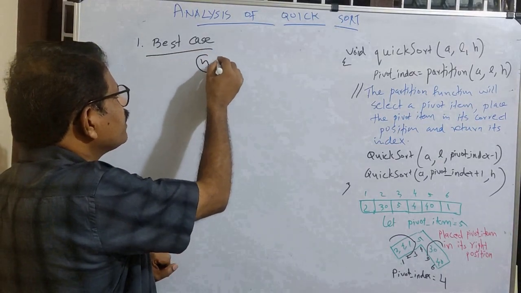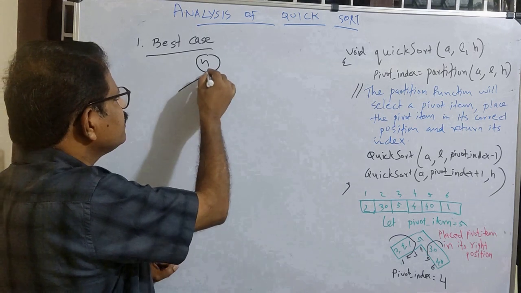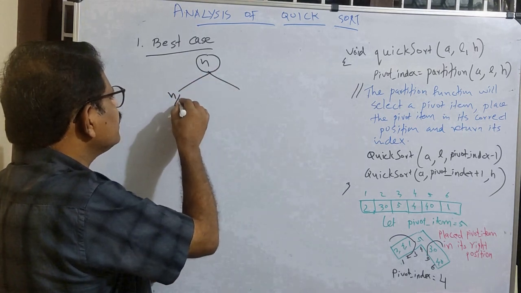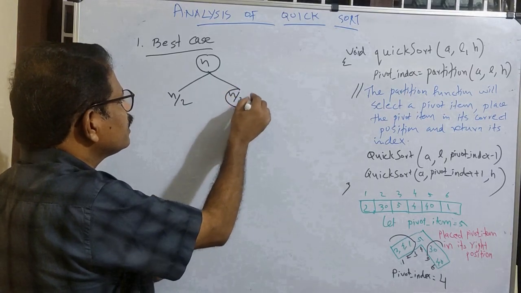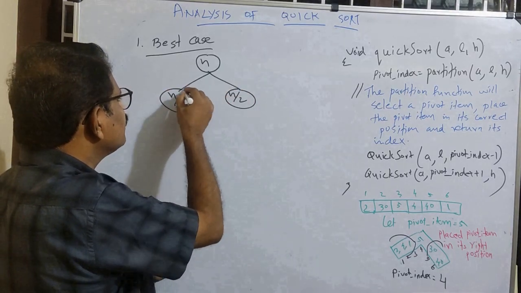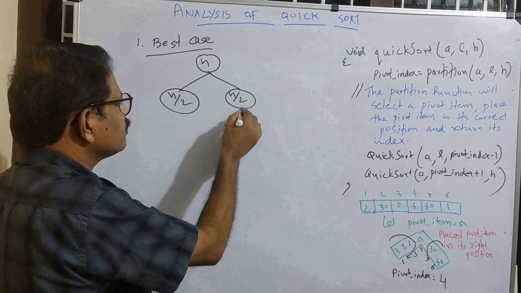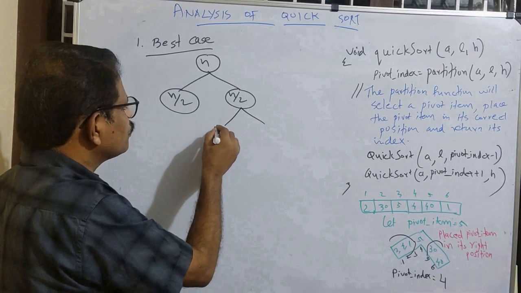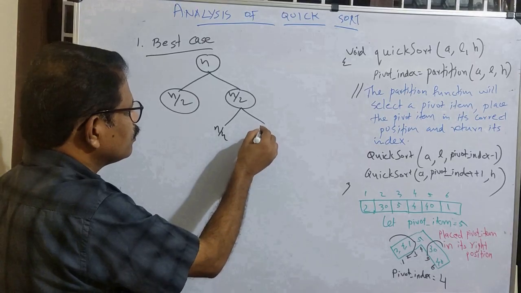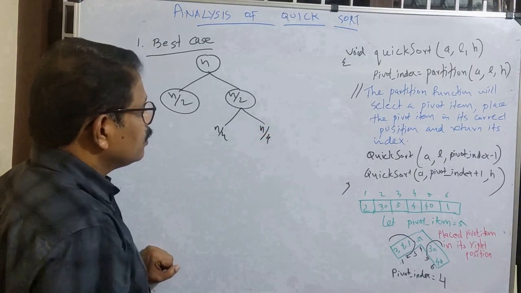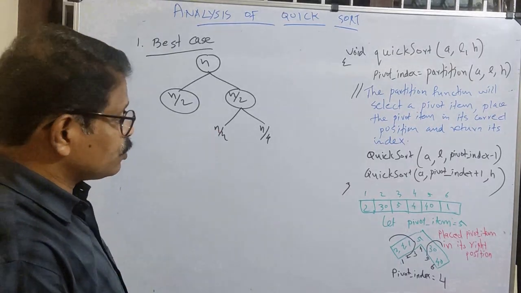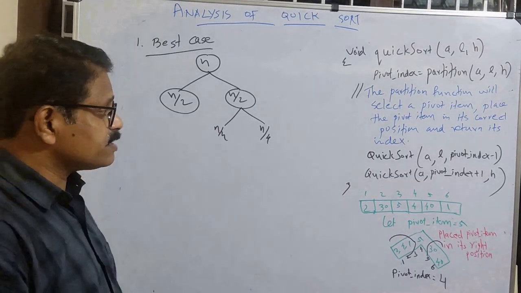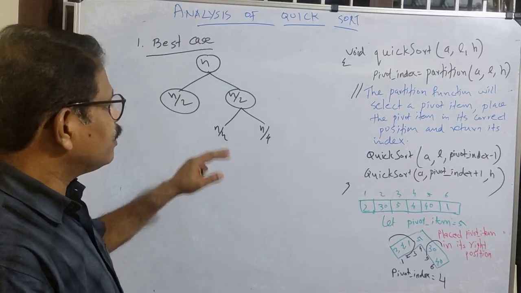If your pivot item divides the array exactly into 2 halves, n by 2, n by 2, then we say this is the best case of quicksort. We have seen this tree in merge sort. So in the best case, quicksort is like merge sort.